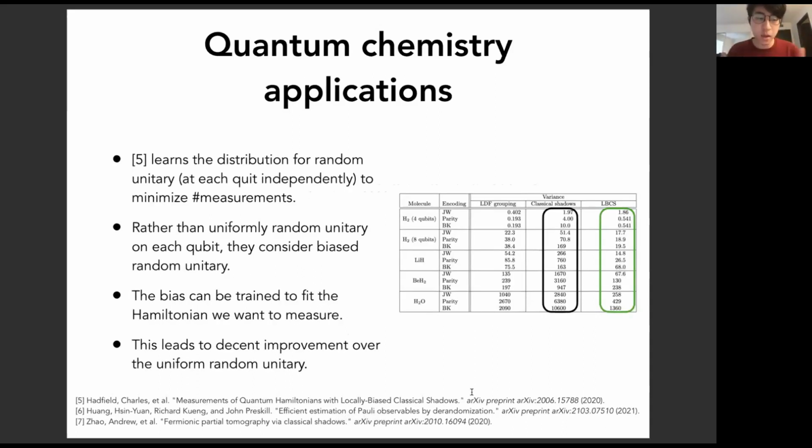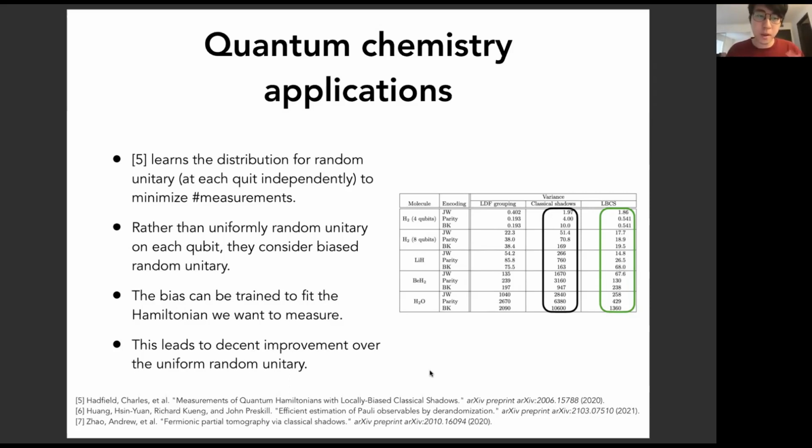So the key idea in this first paper is that they want to learn the distribution of the random unitary. In our original proposal, we just fixed the distribution for the random unitary. For example, for each qubit, you just randomly rotate the qubit by a uniform random unitary, and then you do the basis measurements.